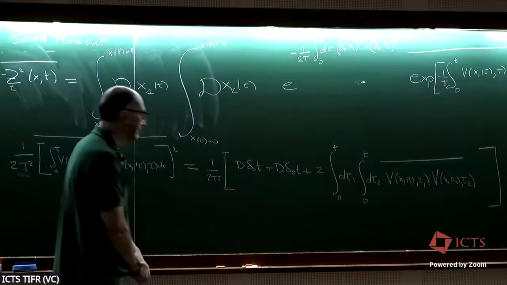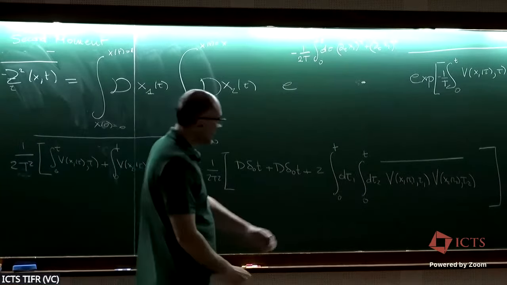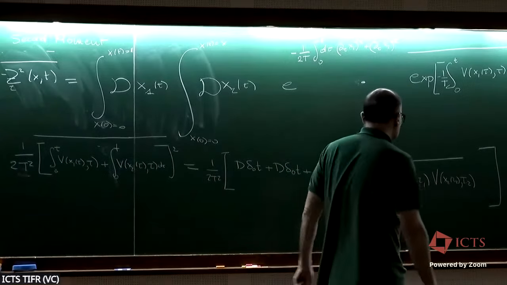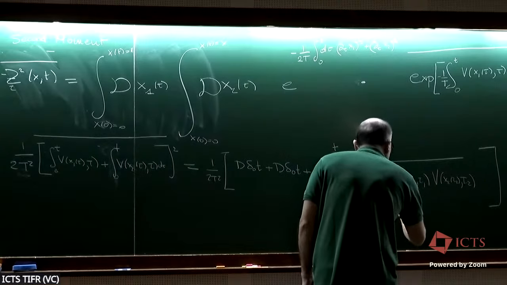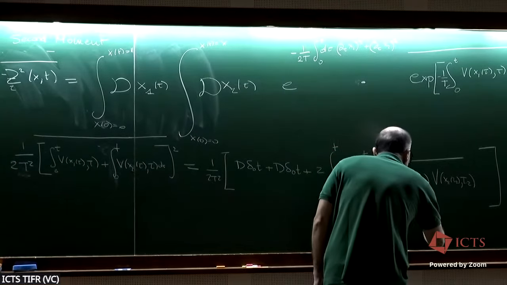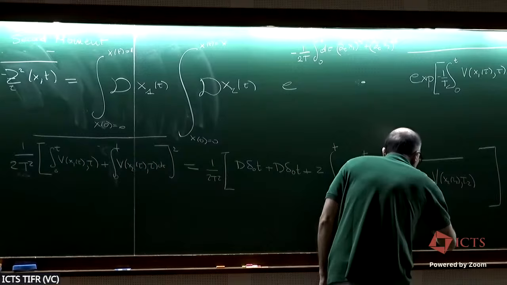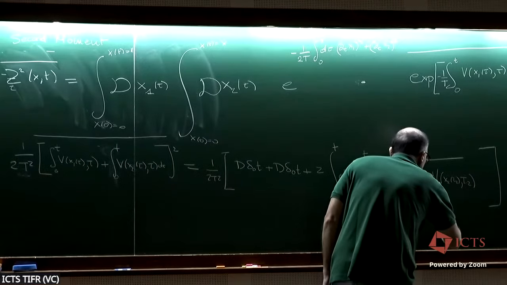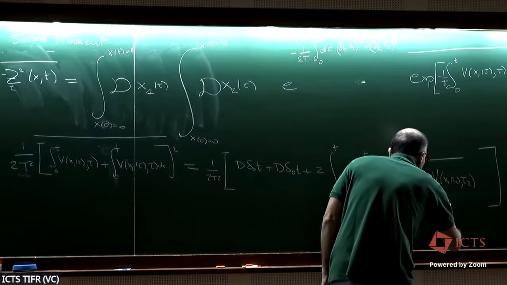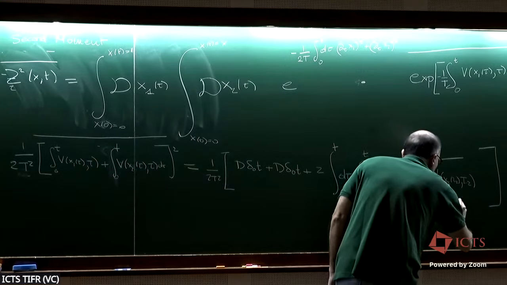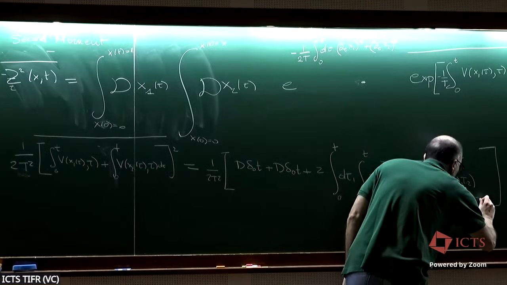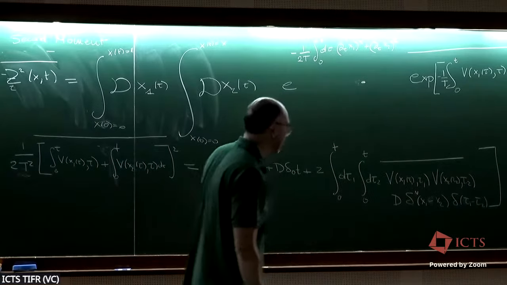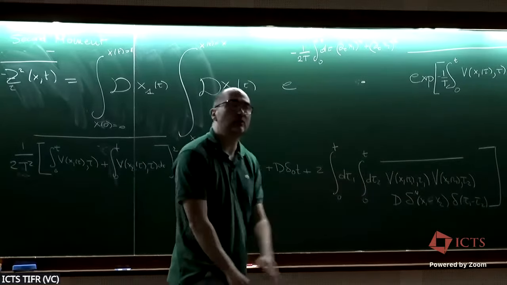Okay? Now you see that this term is delta n of x1 minus x2 times delta of tau 1 minus tau 2. Okay? This is the average over these two v.